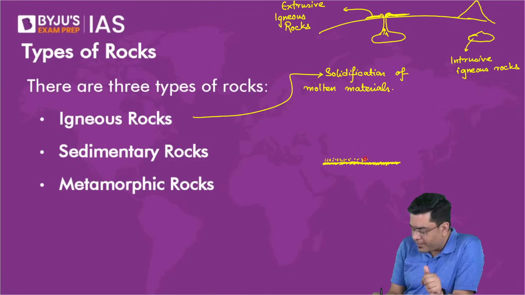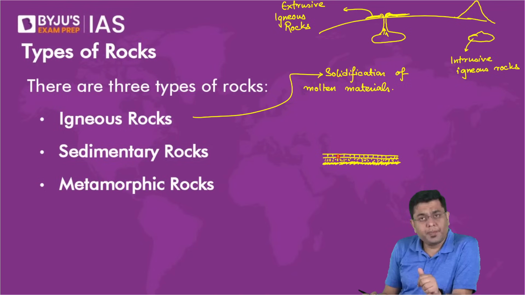Yes, very good, Ananya. More deposition will happen. With the passage of time, much more deposition will happen. Eventually, what will this lead to? A series of various different types of deposits.